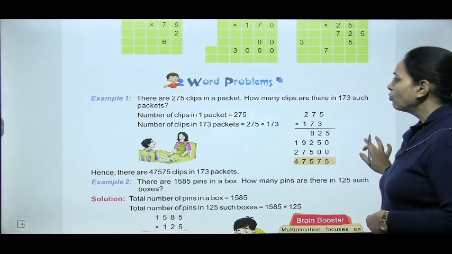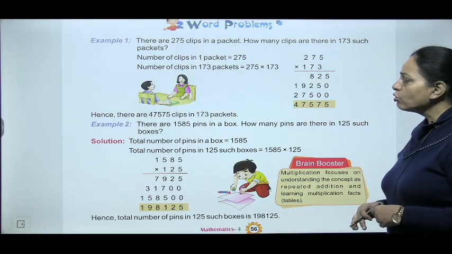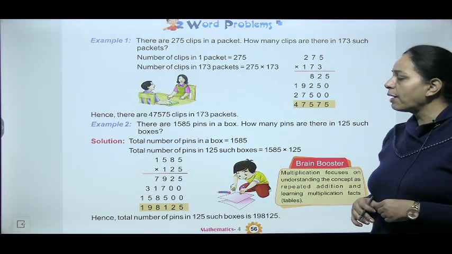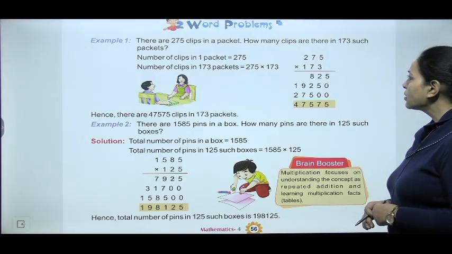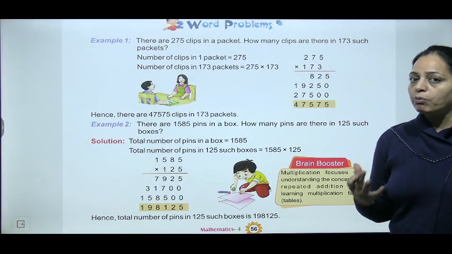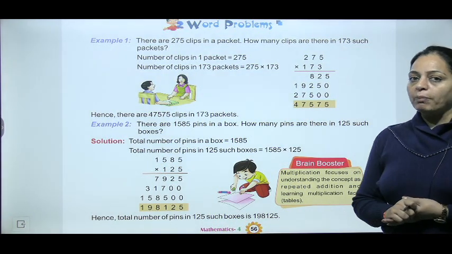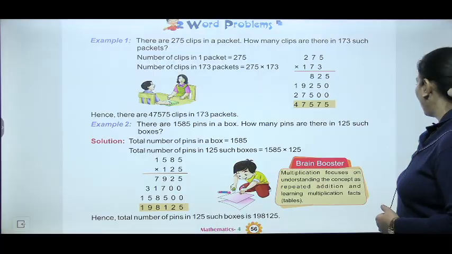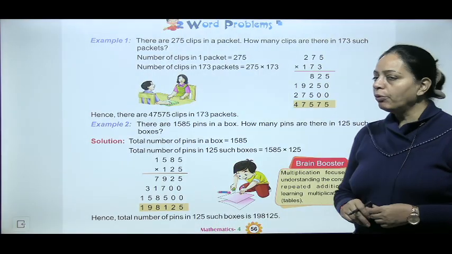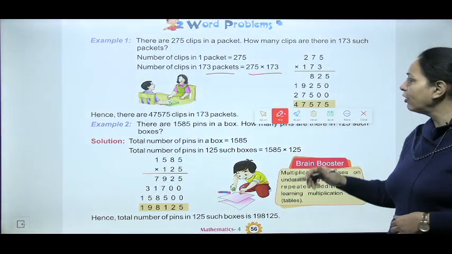Now come to next. We are talking about word problems. Example 1. There are 275 clips in a packet. How many clips are there in 173 such packets? So it would be more, और more के लिए हम क्या करते हैं? Multiply. So number of clips in one packet 275 and number of clips in 173 packets, multiply कर देंगे इन दोनों को.